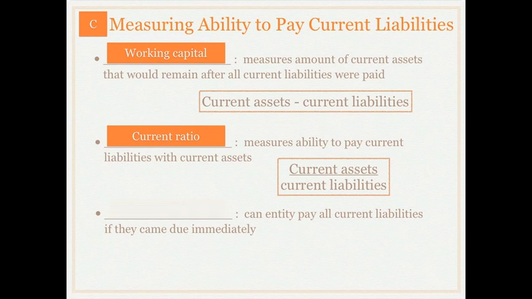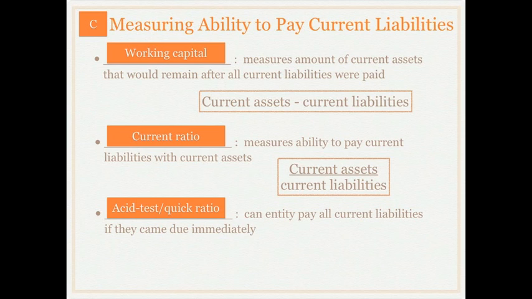And the last one that we'll look at here is the acid test or quick ratio. This is, does a company have the ability to pay all of its current debt if it came due immediately?